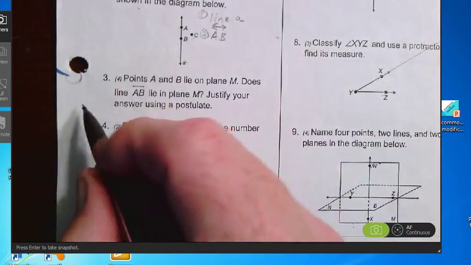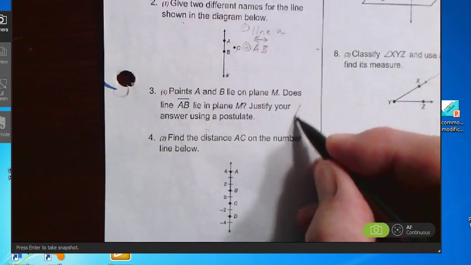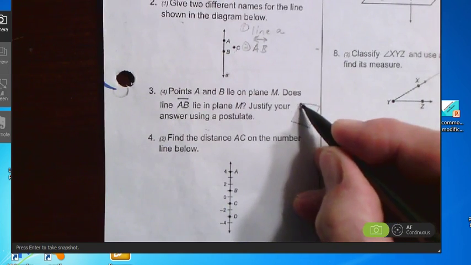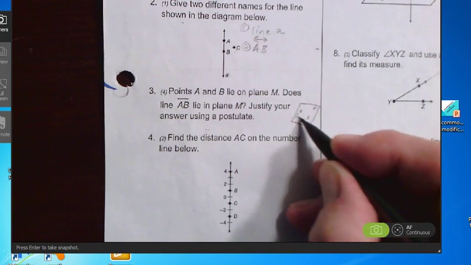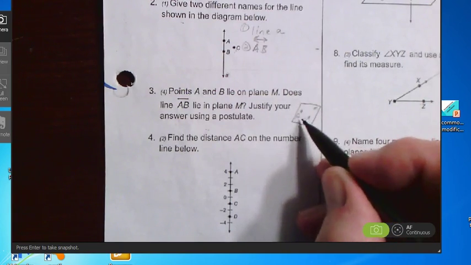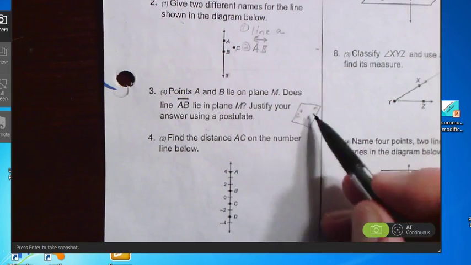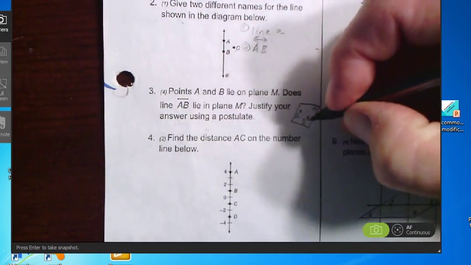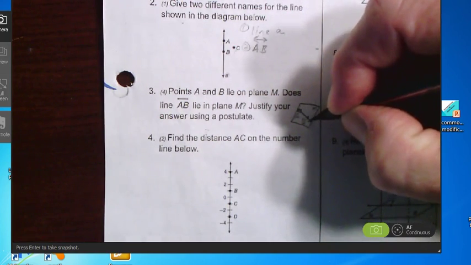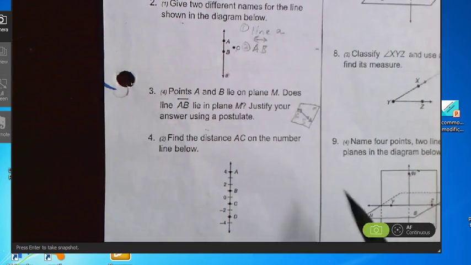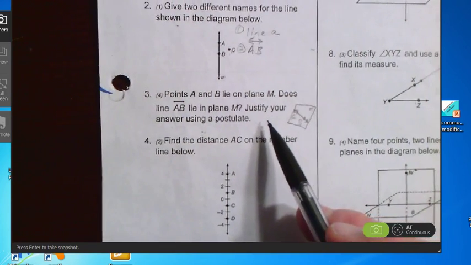If you make a little plane, all right, this is plane M, and you put AB on it. So do they? It says they lie in plane M. Does line AB lie in plane M? So remember, any 2 points will make a line.